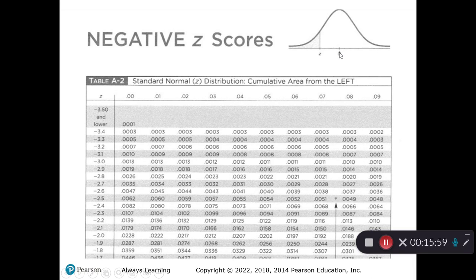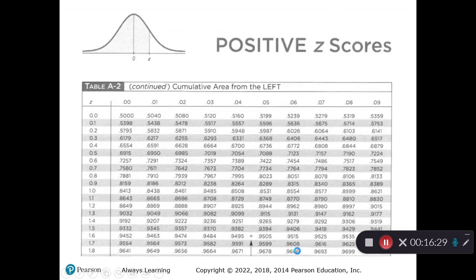So for instance, let's say that z was equal to negative 1.36. If this z-score was negative 1.36, then I would go to this column, go to negative 1.3, and then to capture that 6 in the second decimal place, I would scroll over to the column that had the 6 in the hundredths place.